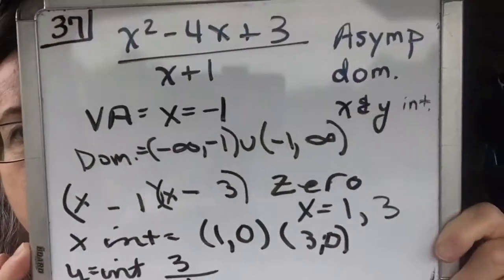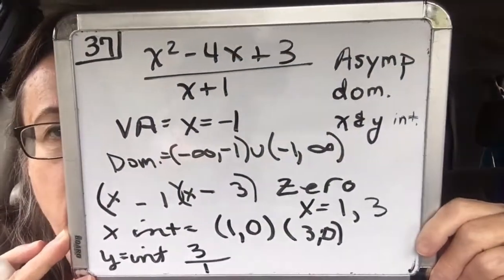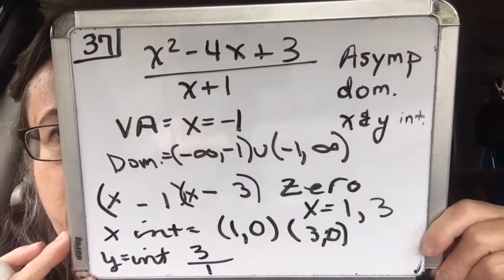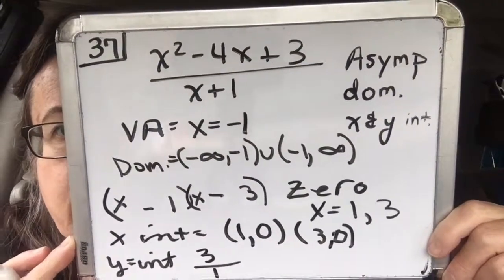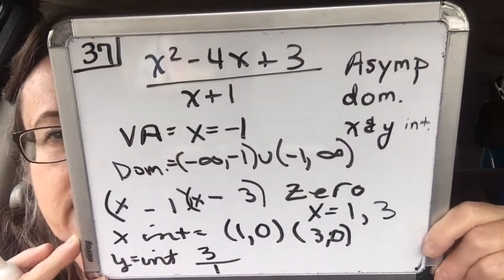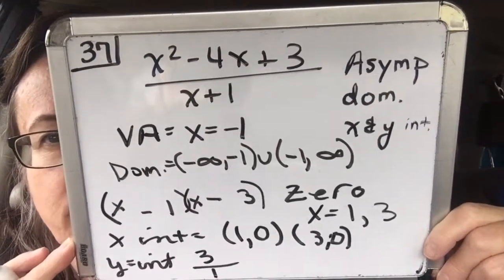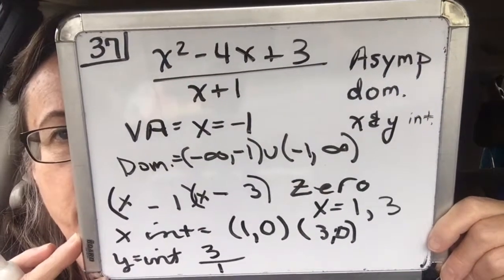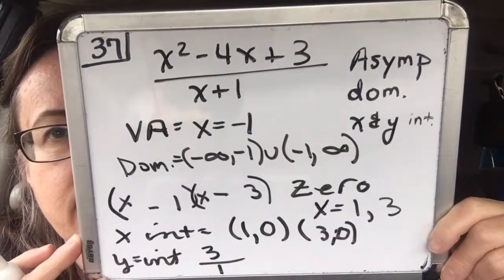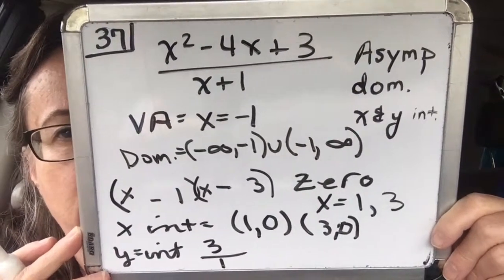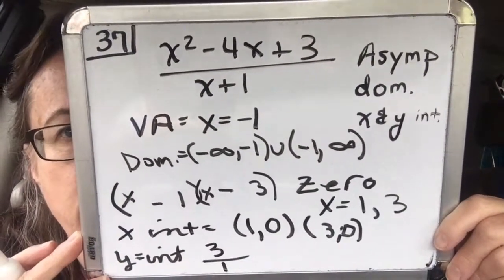Okay, so there's that board. Make sure you get all of that down, because in a minute I'm going to put this board down and you won't be able to see it, because I will be using it to graph this rational equation.